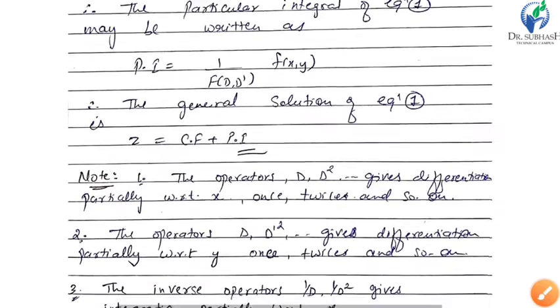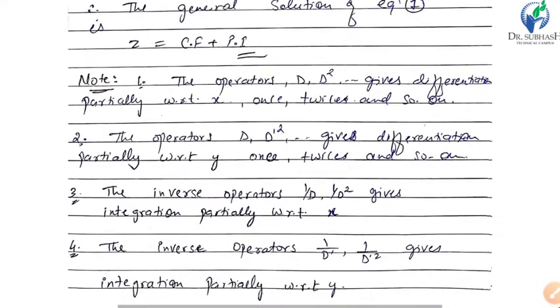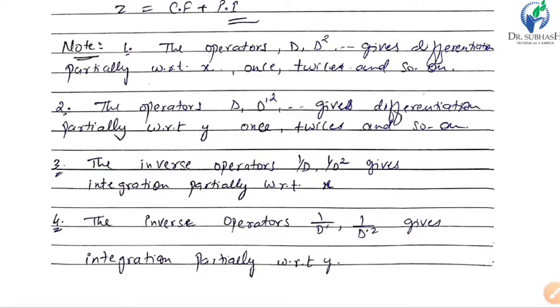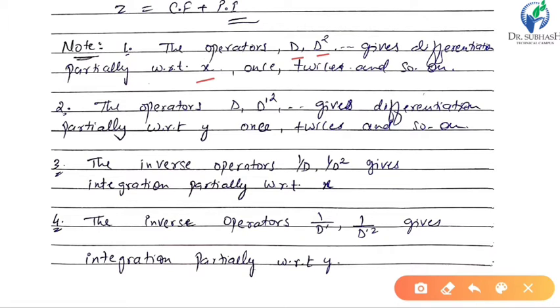Now, let us have some notes which we need to remember while solving such equations. The operator D squared denotes partial differentiation with respect to x. The operator D dash squared gives partial differentiation with respect to y, once, twice and so on.